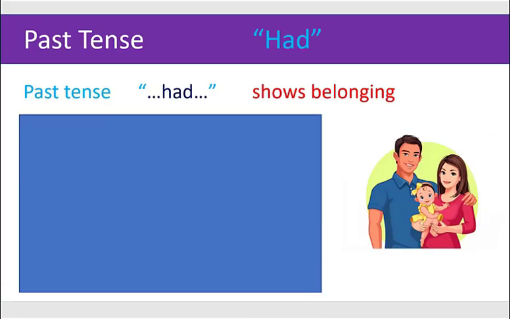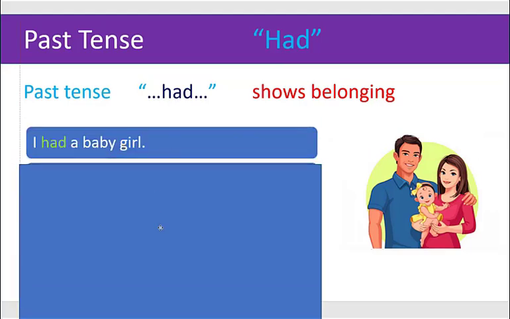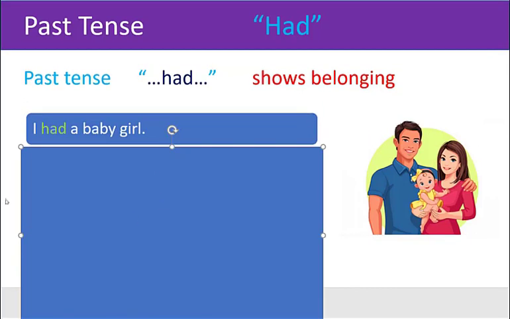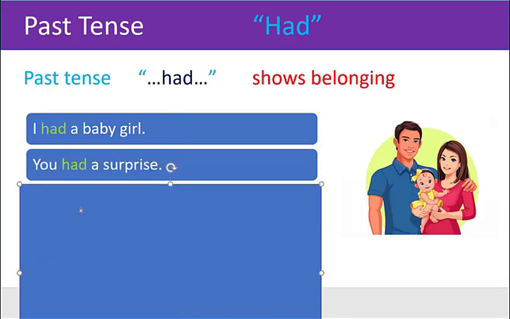So let's now recap what we've learned about the past tense of the verb have. When we use the past tense, the verb have changes to had. So, I had a baby girl. You had a surprise.